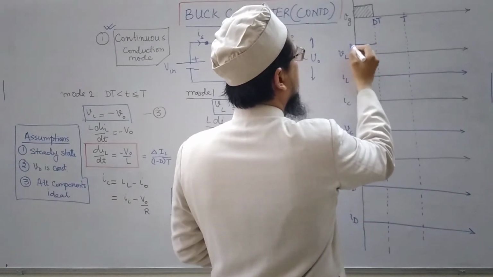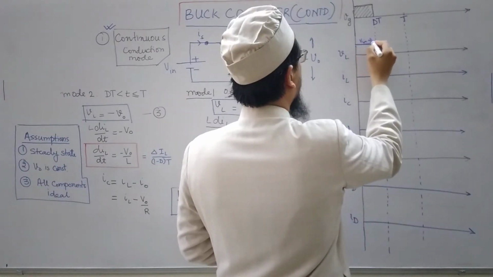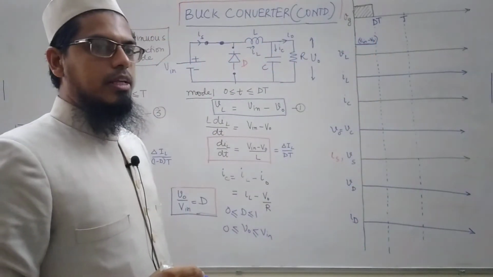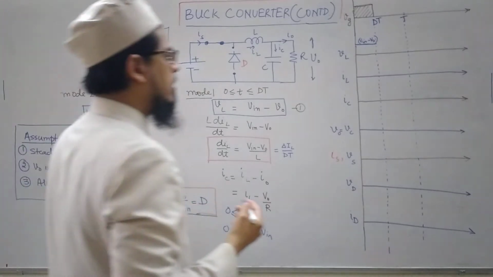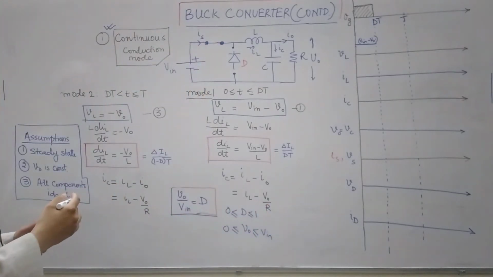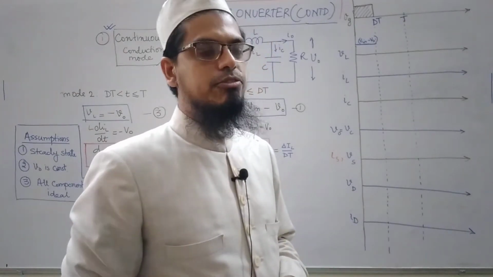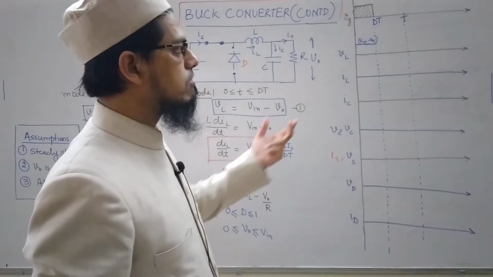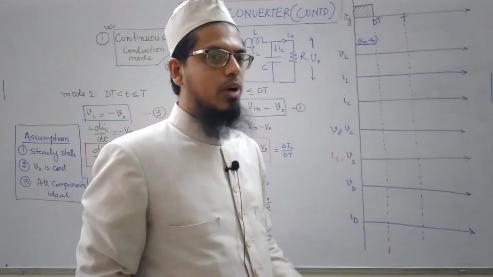This is V in minus V naught. Okay, what will happen in the case when the switch is turned off? Let me take the case of mode 2 afterwards. First we try to plot all the waveforms in mode 1.